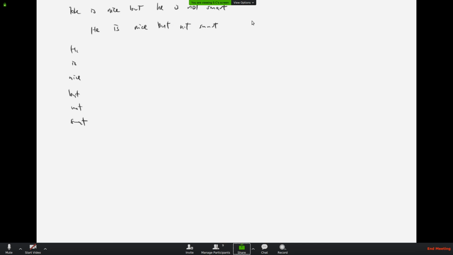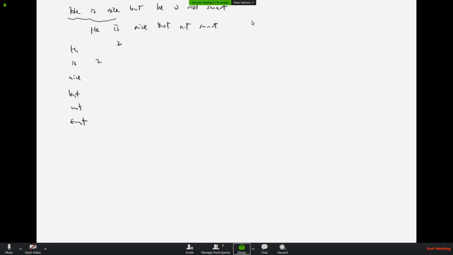Then I can just count the co-occurrence. Maybe I just use a window of one word before and after. Then I look at the co-occurrence: he and is occur together once, I get twice. So I have he and is occurring twice here.